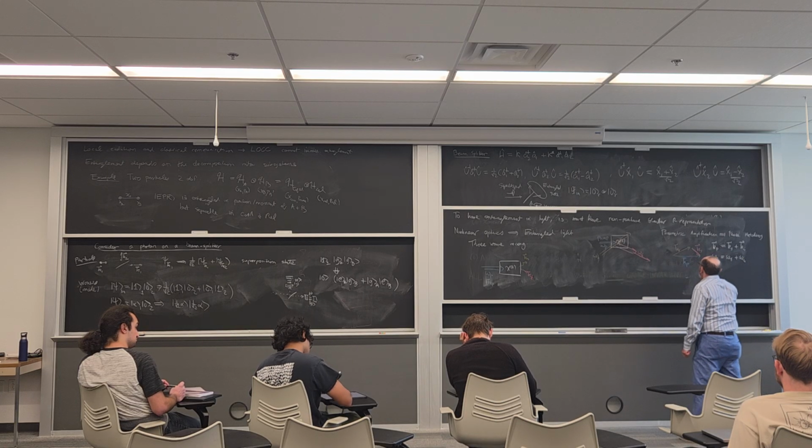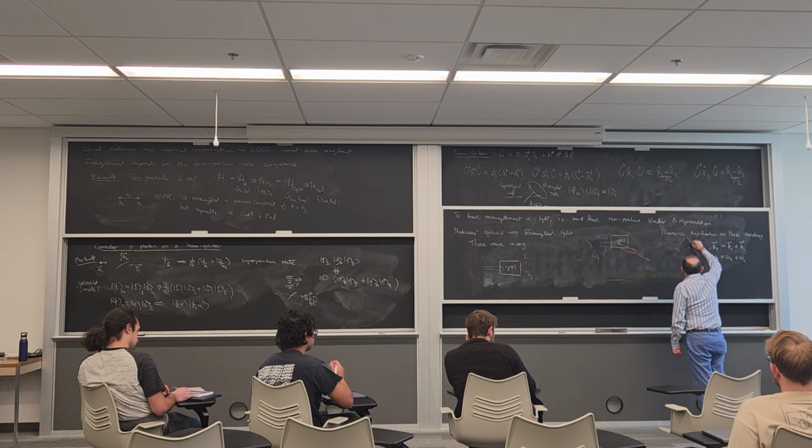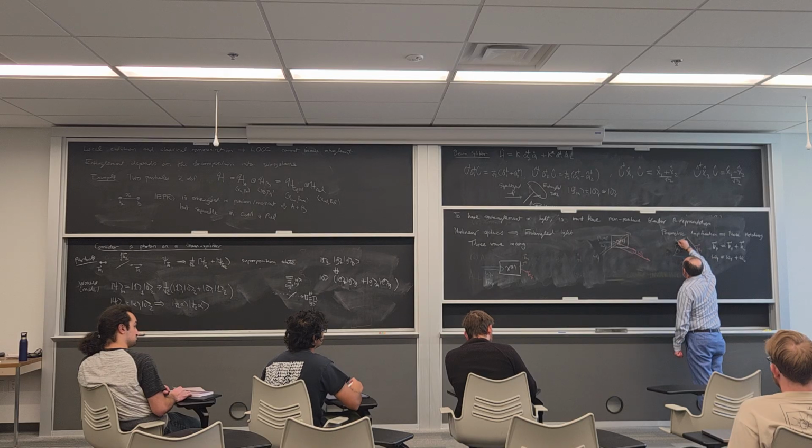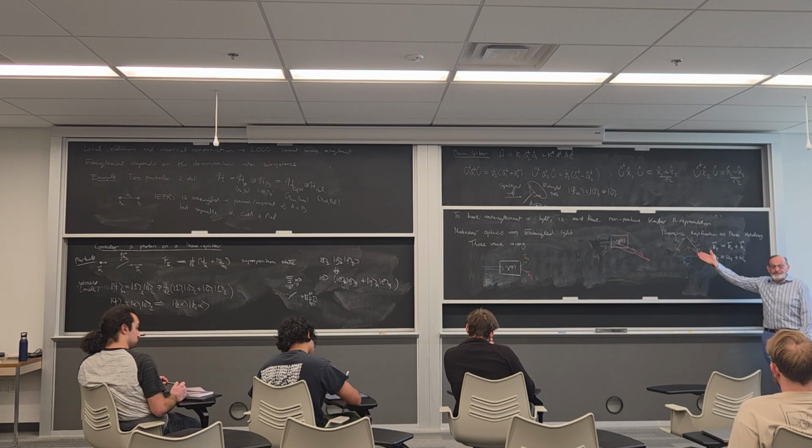I could have a situation where, for example, I have something that looks like that. As long as these two vectors add together and at the same time this adds together, then I can get phase matching.